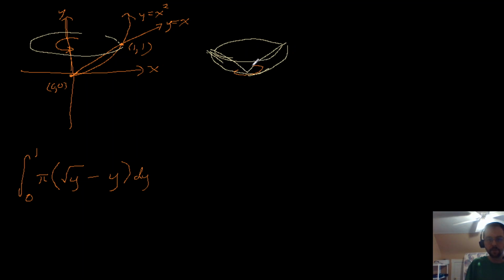Because in this case, what we're adding up is this little volume right here, which if I were to try to sketch that out, could look like this: this side's flat, this side's curved, but it's three-dimensional.